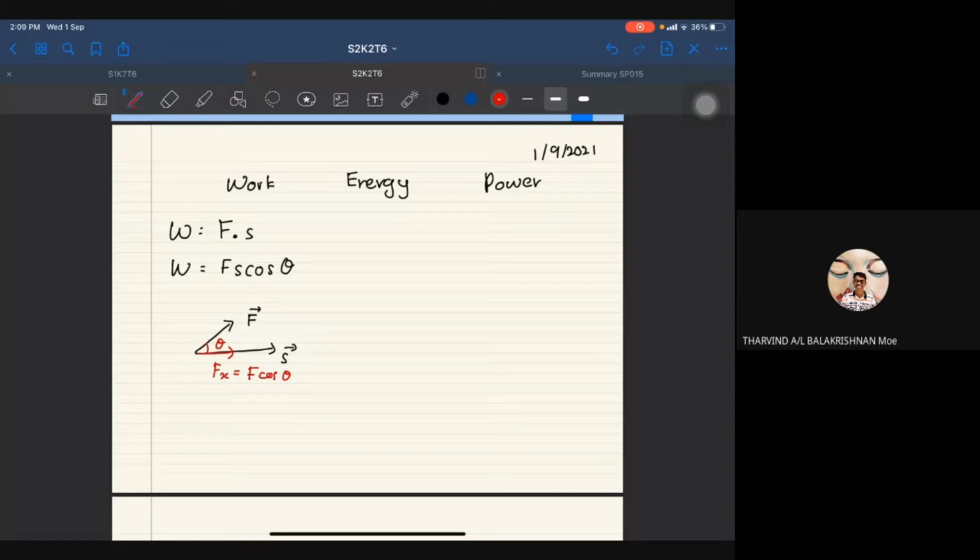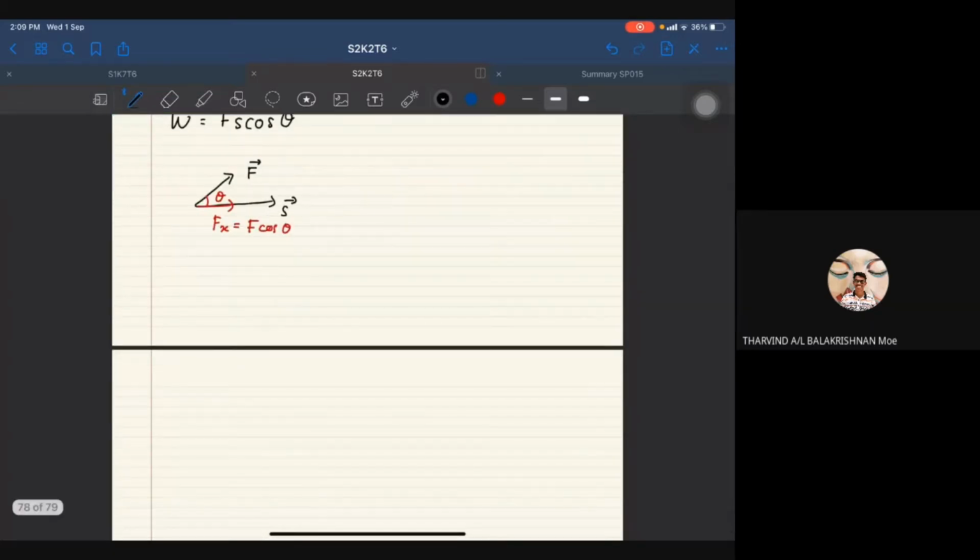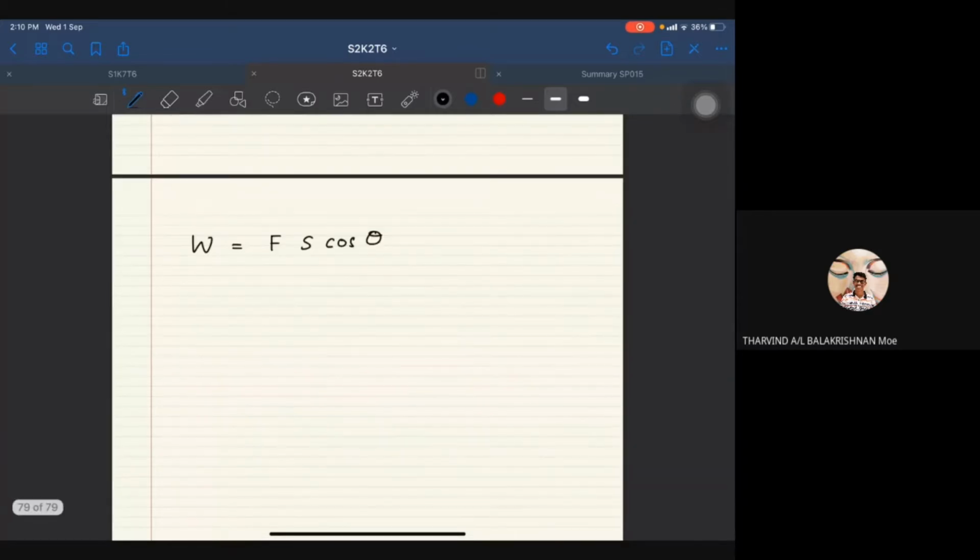The theta is the angle between F and S, and your work becomes Fs cos theta. I'm going to write it on a new slide. Most of the time you will be dealing with Fs cos theta. The theta here is the angle between F and S, and S here is the displacement.